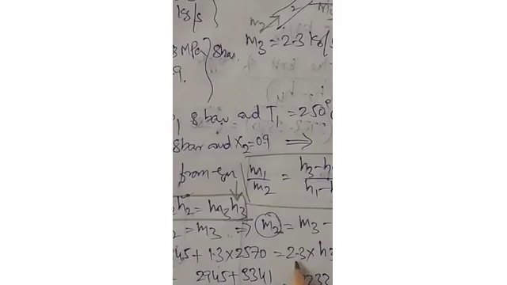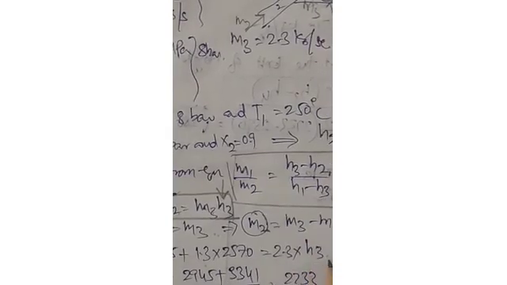M1 is 1 kg per second. H1 we got from the Mollier chart. M2 is 1.3, which we just got. H2 again we got from the Mollier chart. M3 is 2.3 and H3 is the unknown parameter.